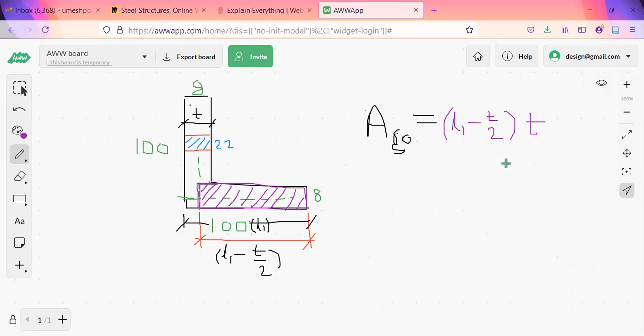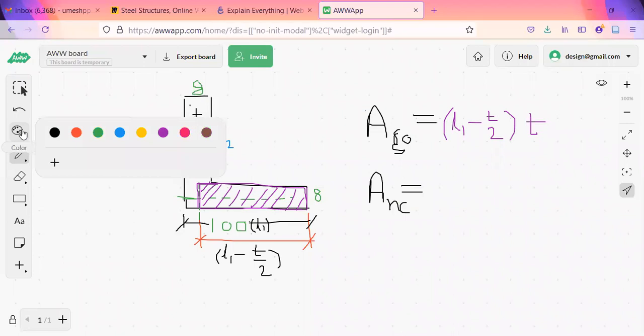Now you have to substitute all of this and get it. Let us go to ANC. The total area will be the same. The total area will not change. I'll show you that. The total area remains the same actually. Area of the connected leg, the net area of the connected leg. Now observe here, even this is interesting. Only see this one. I am going to look at the connected leg.